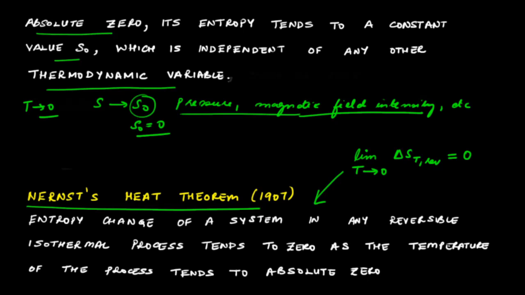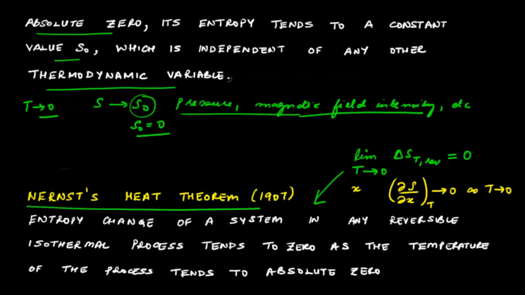In other words, if we denote any independent thermodynamic variable as X, and X can be pressure or magnetic field intensity, then what the Nernst heat theorem says is that the derivative del S by del X at constant temperature tends to zero as T tends to zero, and here X could be, let's say, the pressure.